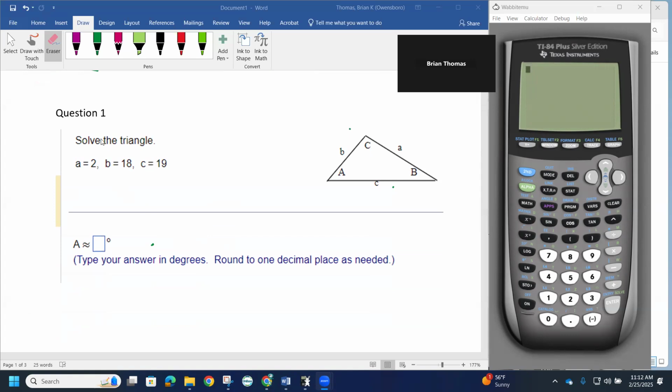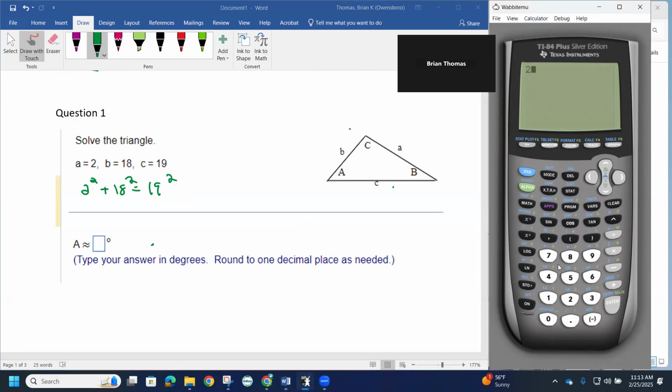So question one says solve the triangle if A is equal to 2, B is equal to 18, and C is equal to 19. Now remember, C is going to represent the longest side. So the hypotenuse of a right triangle is the longest side. So if 2 squared plus 18 squared is equal to 19 squared, then we do have a right triangle, and then we don't have to use the law of cosines.